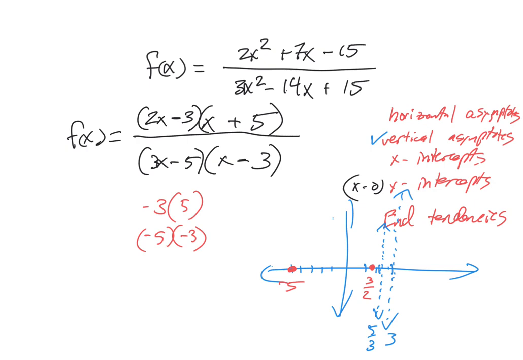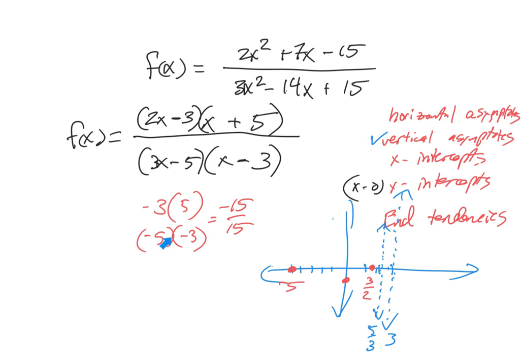So I will have negative 15 over positive 15. So my intercept is at negative 1, right there.